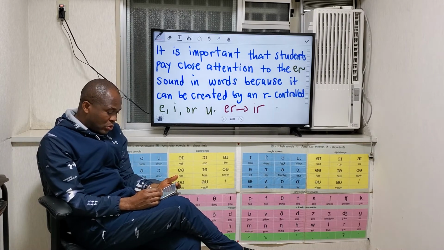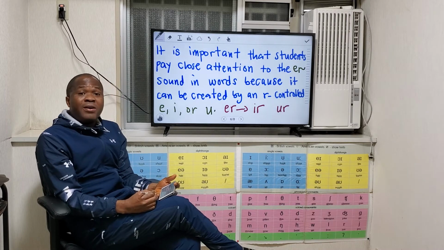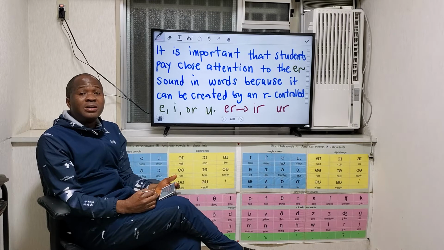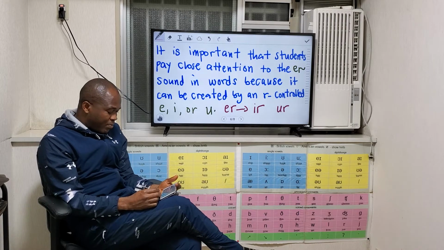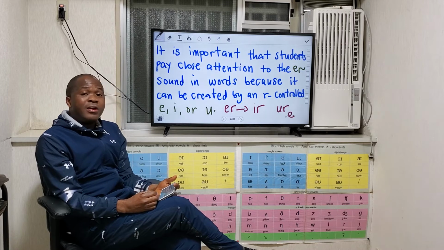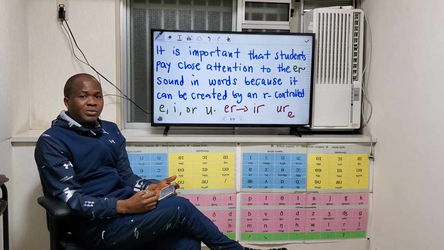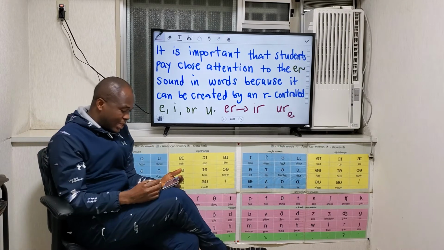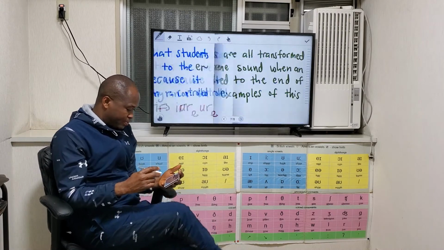If I put U before R, I'll get an sound, which is nurse. And if I put Y before R, I'll get an sound, which is, for example, I can have a word like brother. So let's look at the examples we are giving.